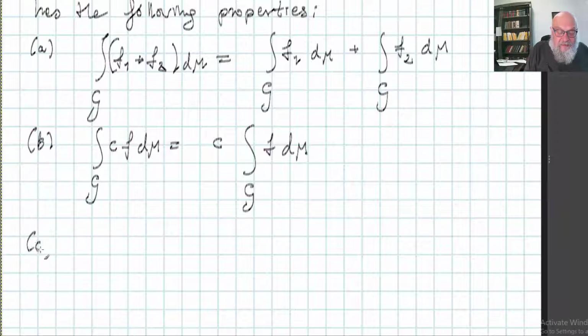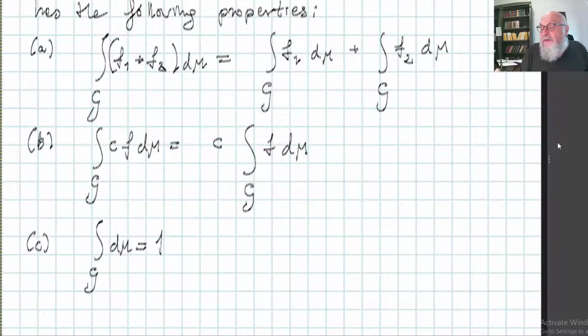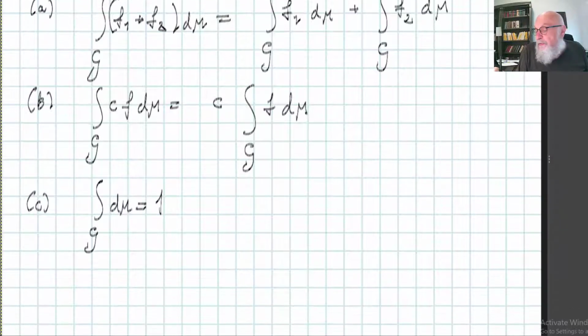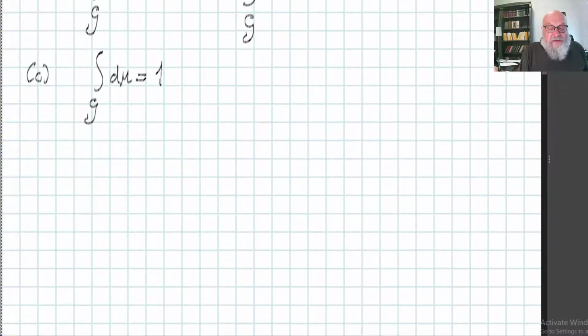The next property is that the measure is normalized. That means the measure of the group G is 1, so we can write the integral over G of d mu is equal to 1. And then we have two properties related to the invariance of this measure.